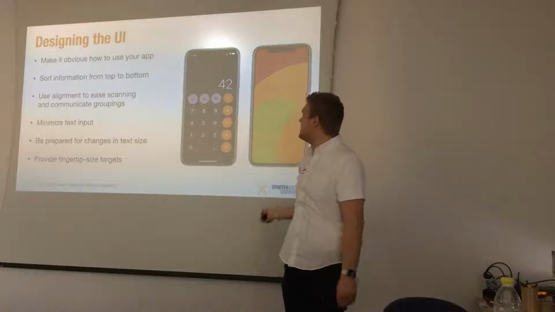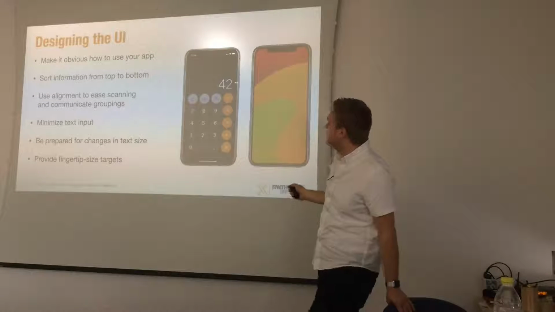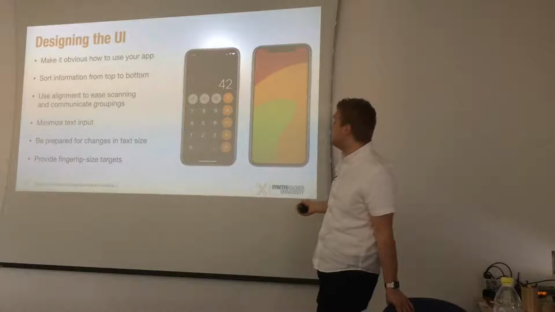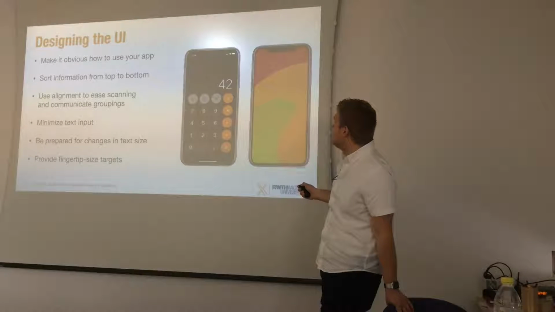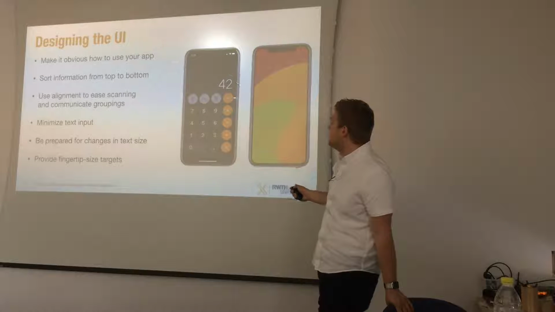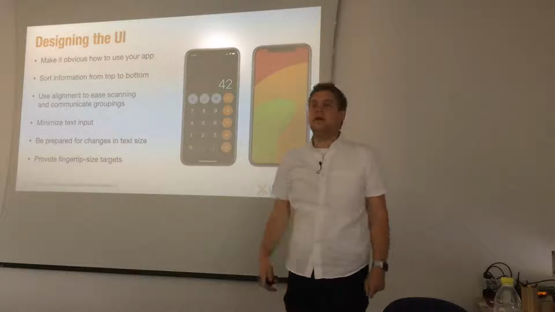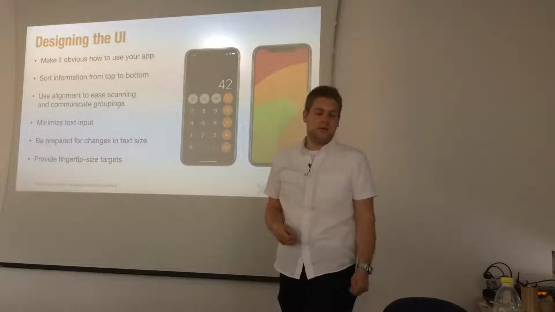What we see here, like in the calculator app of iOS, is that there's not really any content in this area that cannot be reached comfortably with one hand. And we also see that the result is sitting on top, because this is an area that is typically not covered by the user's hands.